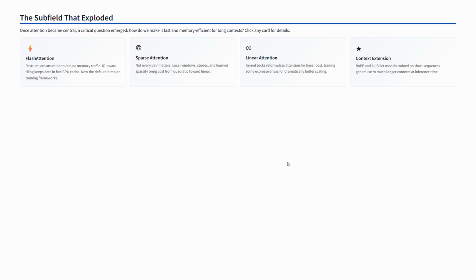Sparse attention asked a different question entirely. Does every token really need to attend to every other token? By using patterns like local windows and strided connections, it brings the cost down from quadratic towards maybe linear, right?